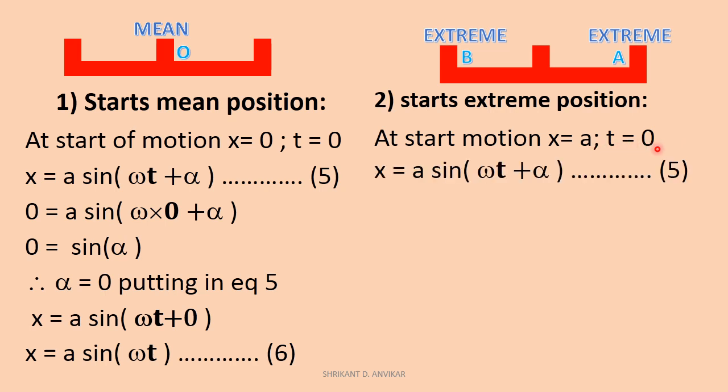Substituting these two values in the equation of displacement, x is replaced by a and t is equal to 0.